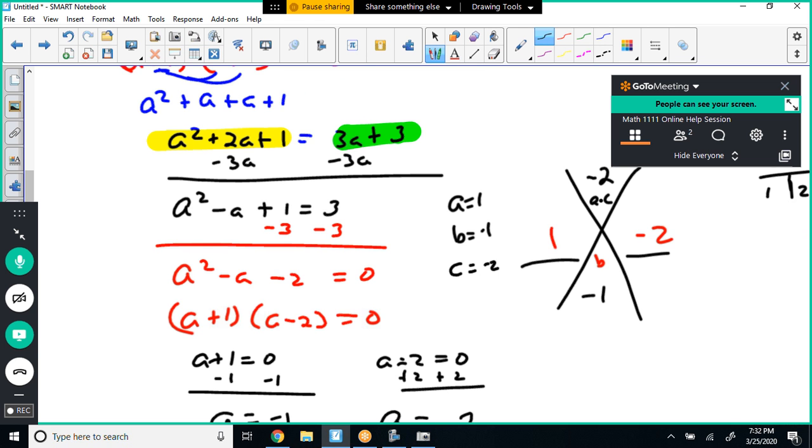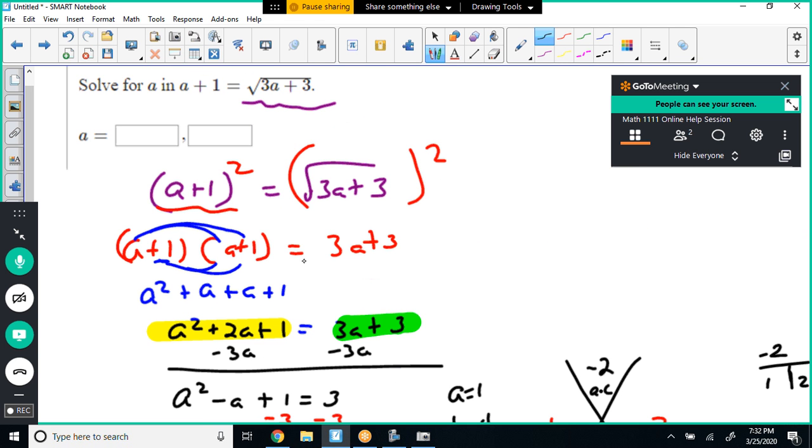Now, we don't know if that works. We need to check it. Negative 1. 3 times negative 1 is what? Negative 3. Plus 3 is what? 0. So I got 0 on the left-hand side. So negative 1 plus 1 would also be 0, right?